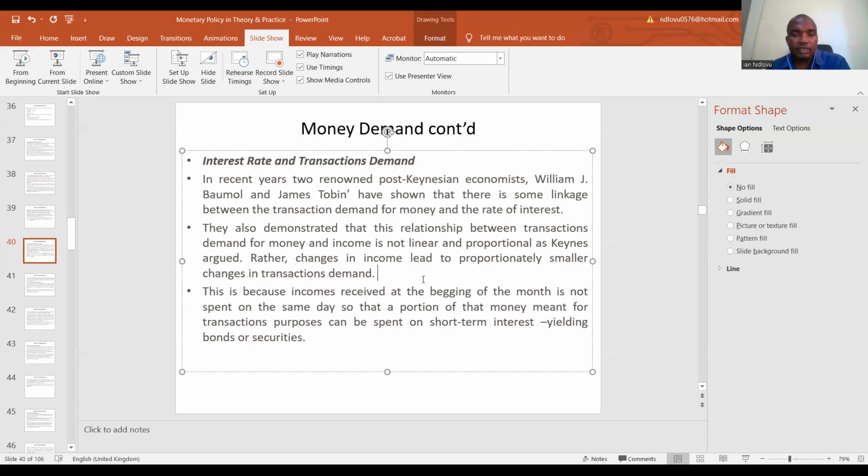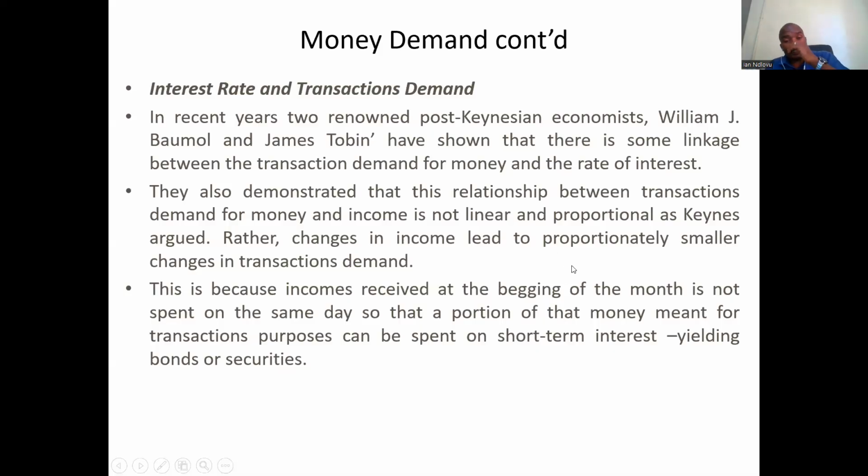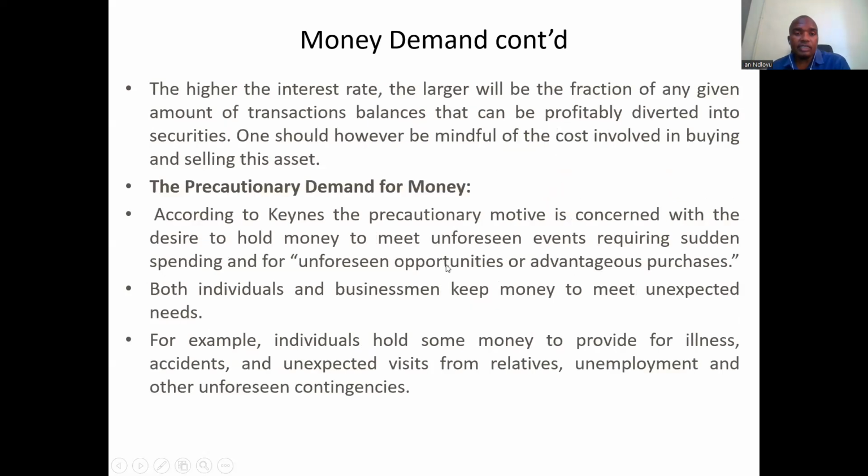They've acknowledged that interest rates may actually influence the transactions demand for money. But in the classical, if I may put it that way, or the original Keynes formulation, the transactions demand for money has absolutely no relationship with the interest rate.